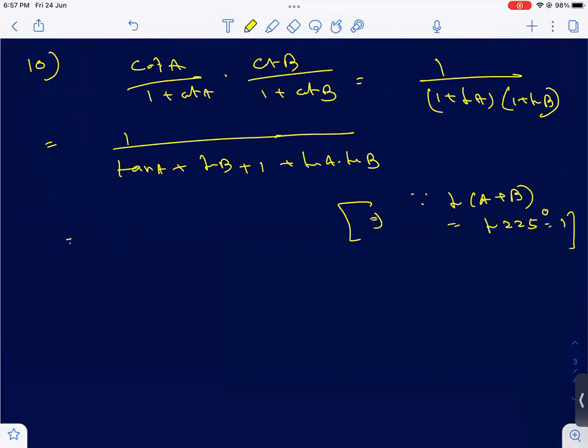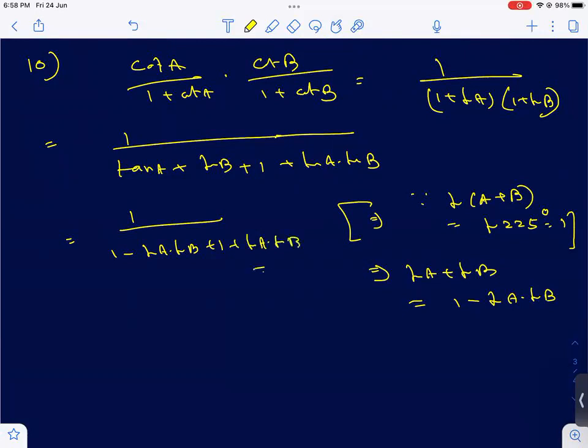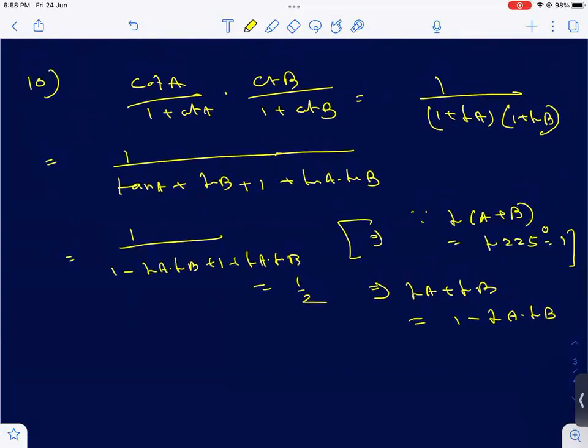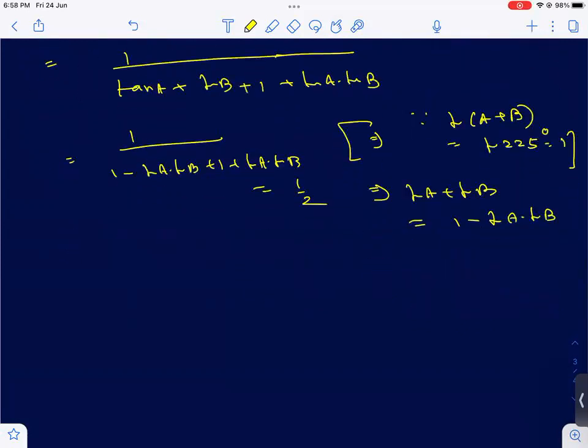Therefore tan A plus tan B by 1 minus tan A tan B equal to 1. Cross multiplying like the previous sum, instead of tan A plus tan B, we write the value 1 minus tan A into tan B plus 1 plus tan A into tan B, and we are getting half. Next, the answer is the last option, D.